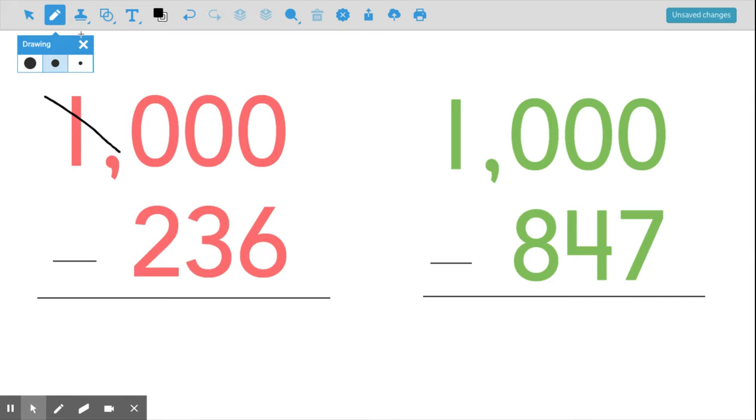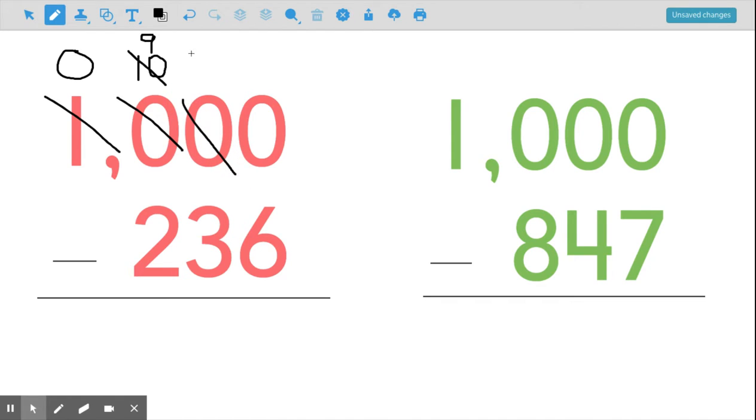I'm going to borrow from my 1,000. Now I'm taking away 1 from my 1,000, meaning I now have 0 thousands left. I'm going to give that 1,000 to my 100. Okay, so I've got 10 here. Now my tens column can borrow from hundreds, changing it to a 9.